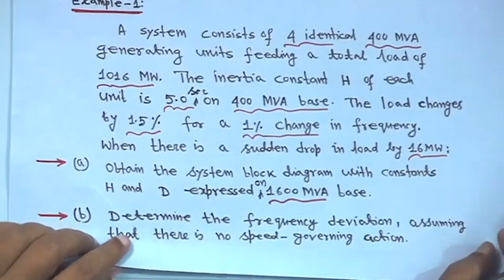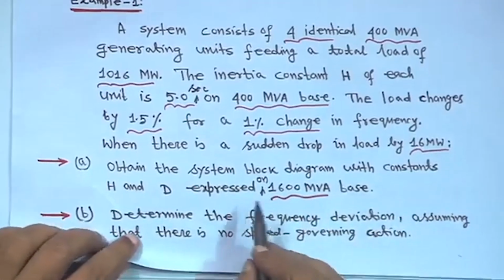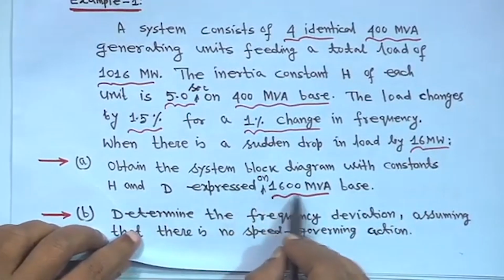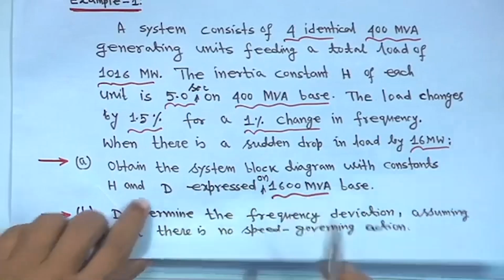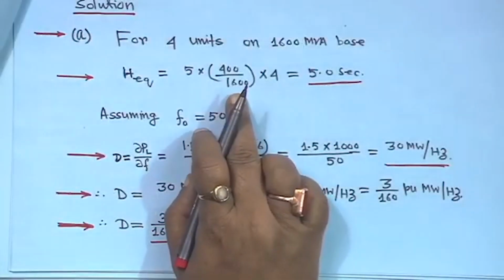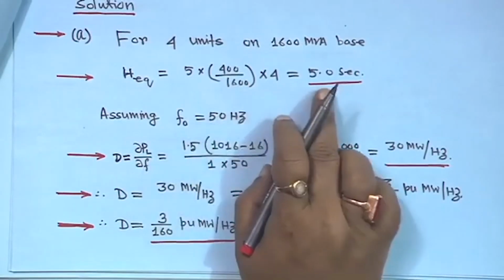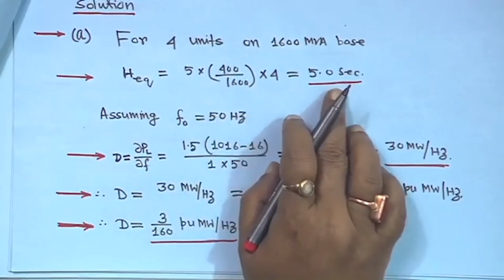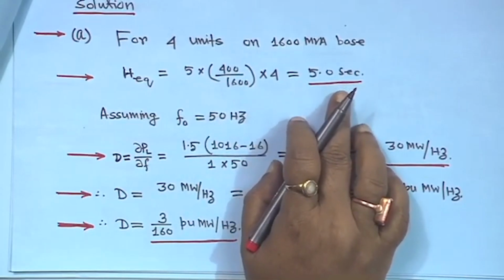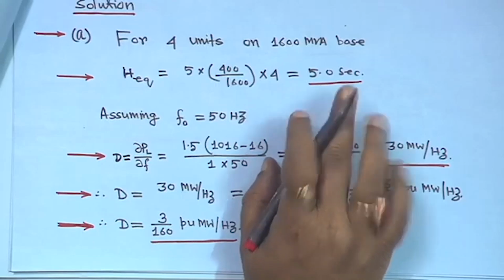Because it is asked that you find out on a 1600 MVA base, we divide by the base MVA 1600. So the equivalent H becomes 5 second, the same as whatever is given.